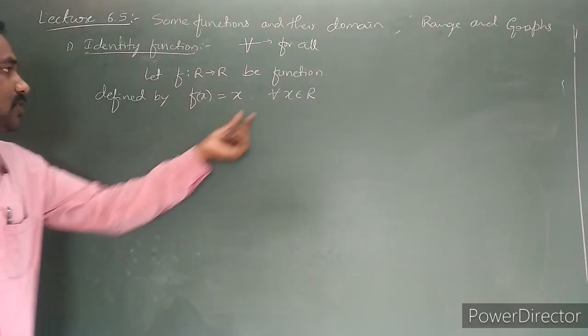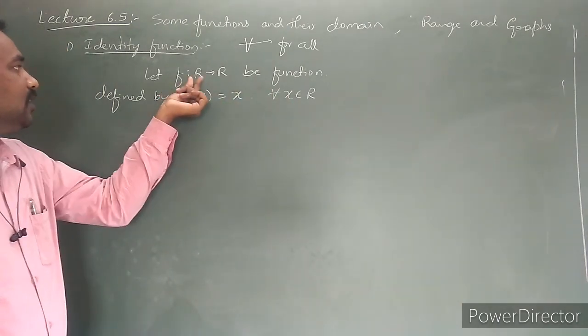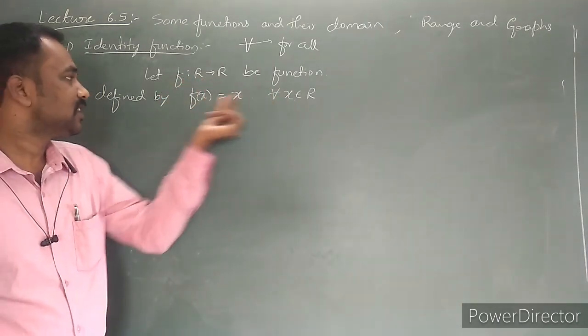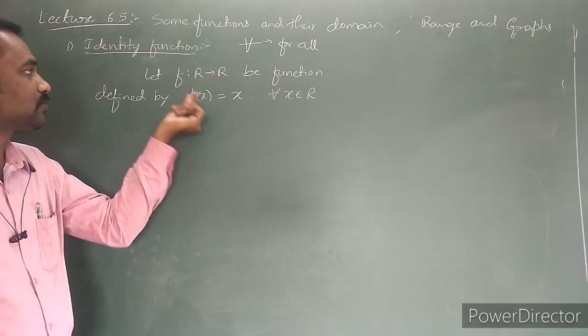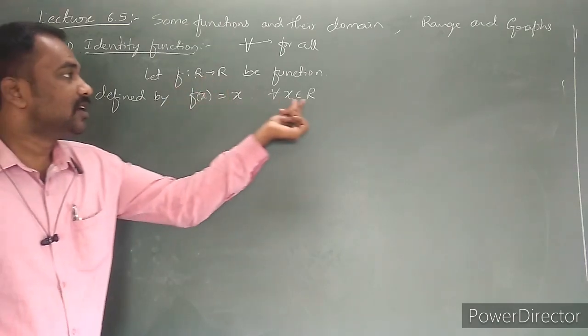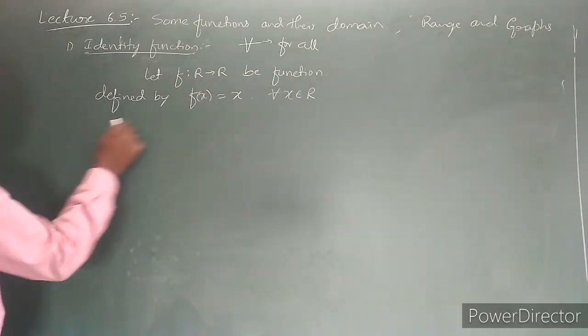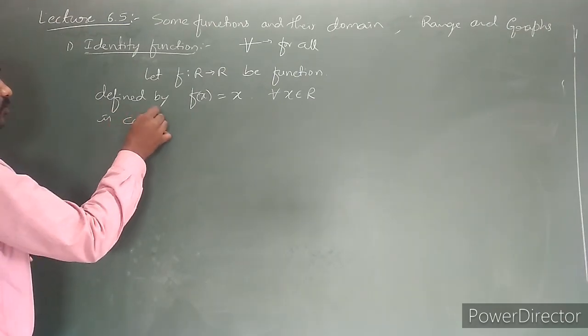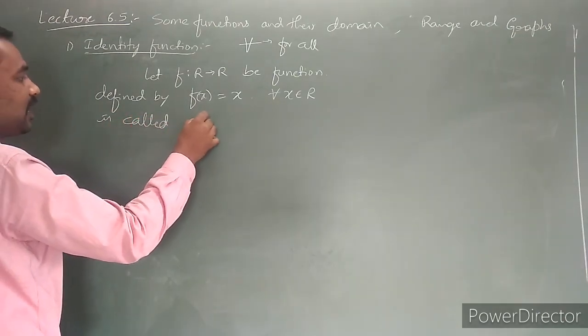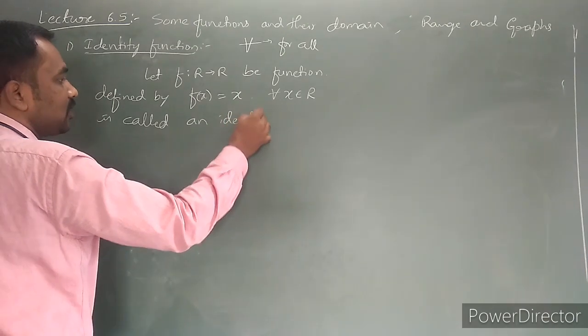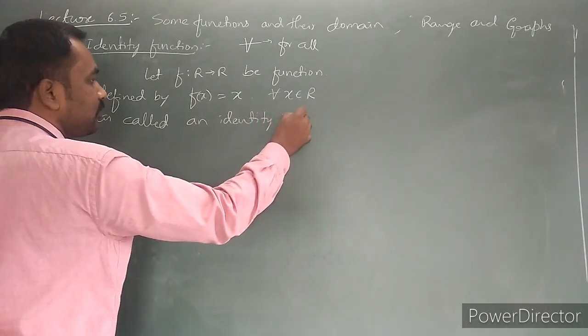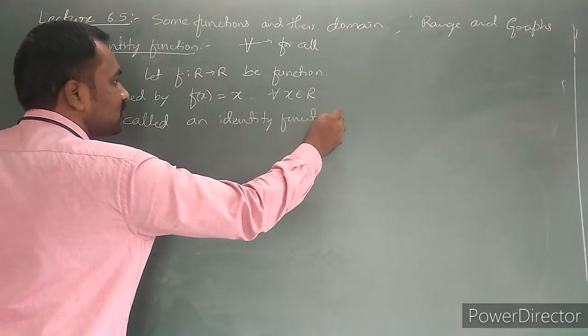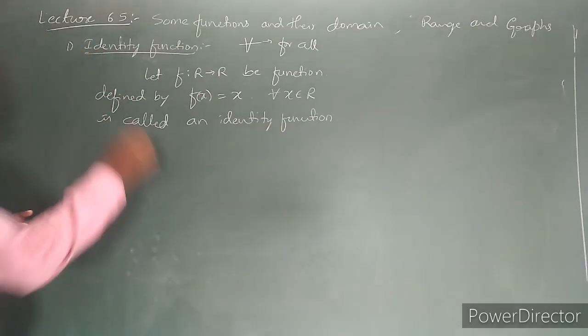Whatever x value you choose, that x value belongs to the first set, the domain set, that is, real numbers. For all such x, it is called an identity function. This is the definition of the identity function.